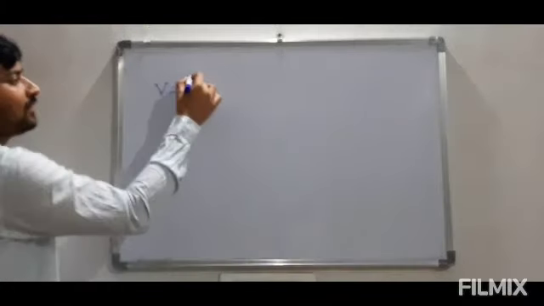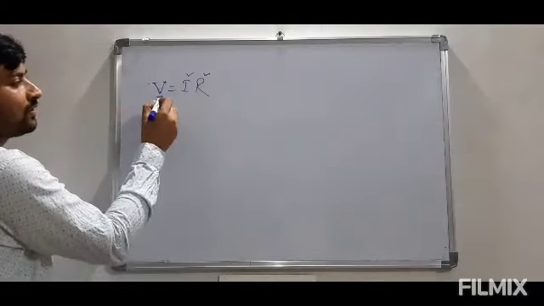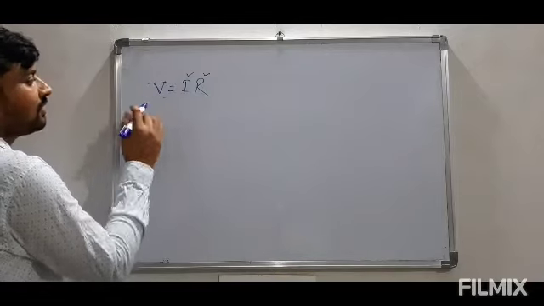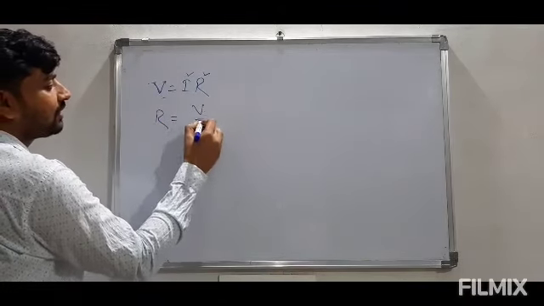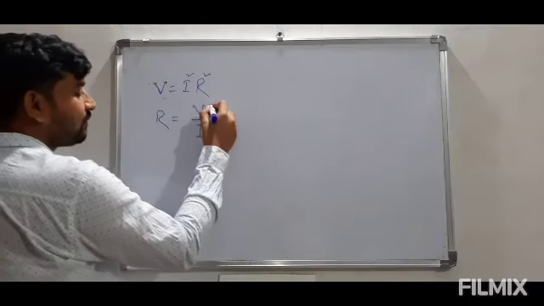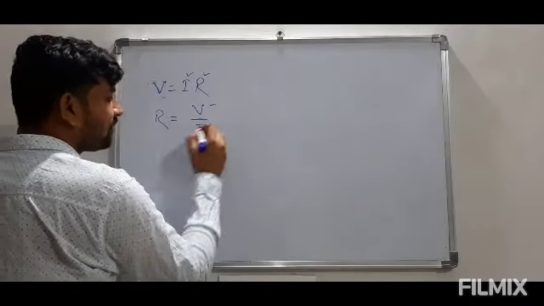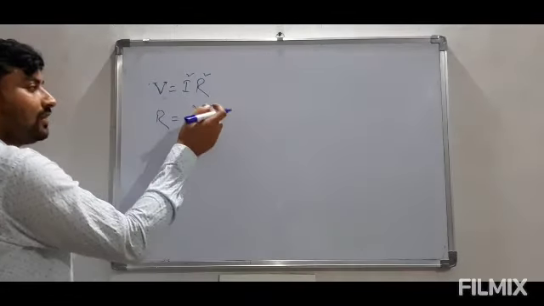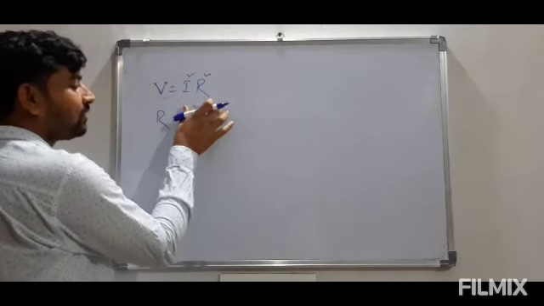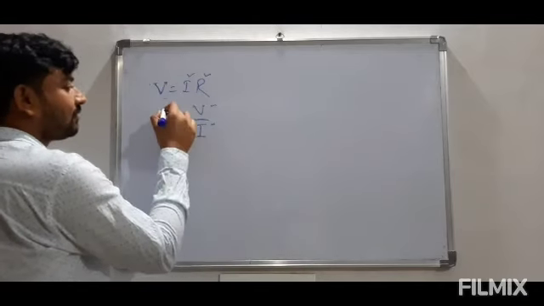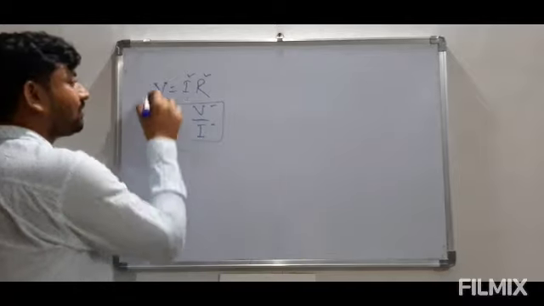So if we have the value of current and resistance, we can find potential difference. Similarly, resistance is V upon I. If we have the potential difference and the current flowing through the resistance, we divide voltage by current and can calculate the value of resistance.